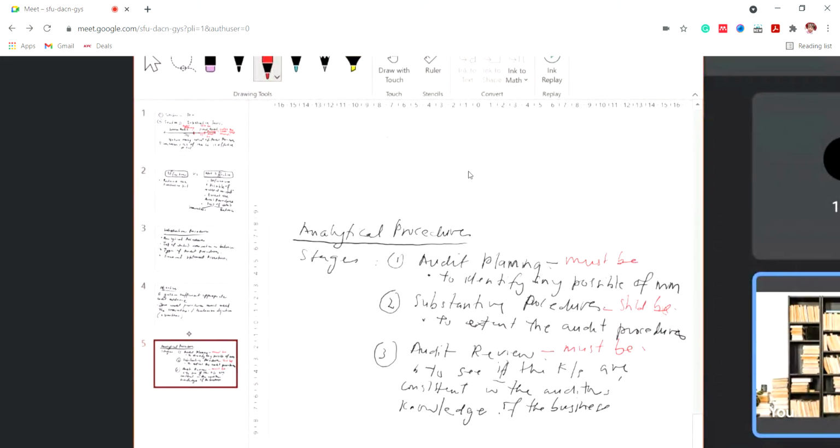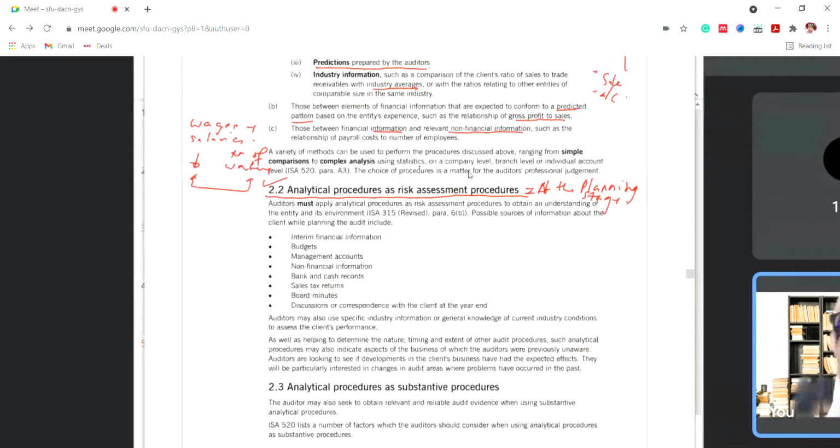So at the planning stage, this one must be performed first. Auditors must apply analytical procedures as risk assessment procedures to obtain an understanding of the entity and its environment.